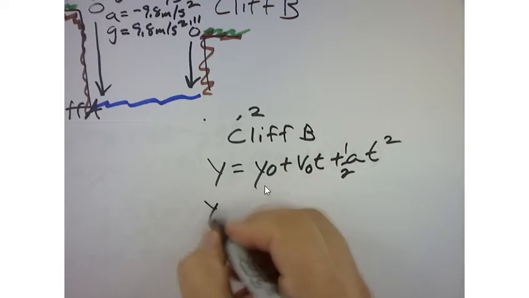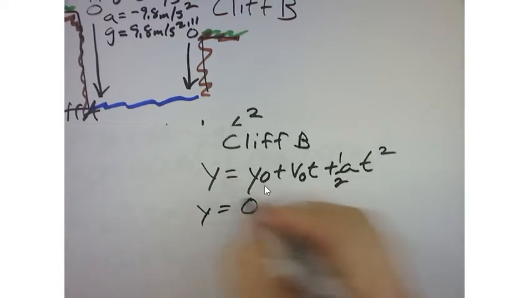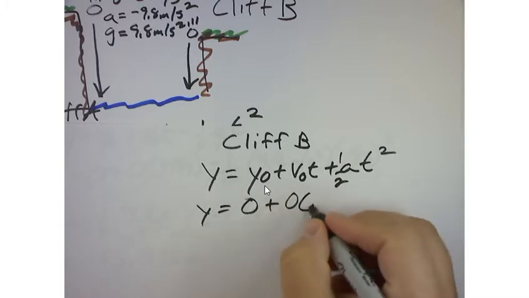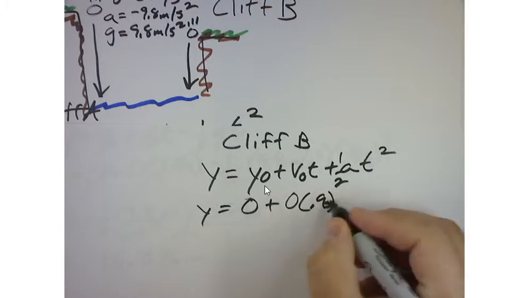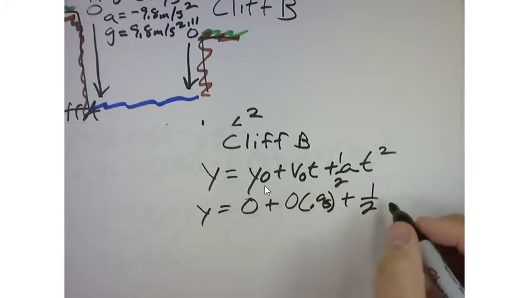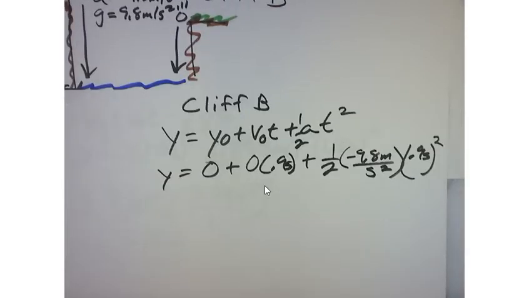So we've got y equals, what's the initial position for cliff B? 0. Initial velocity for cliff B? 0. The time now is going to be 0.9 seconds, right? Plus 1/2 times the acceleration due to gravity, which is negative 9.8, we're going in the negative direction, right, meters per second squared, times the time, which is 0.9 seconds, squared, right? Is that right?